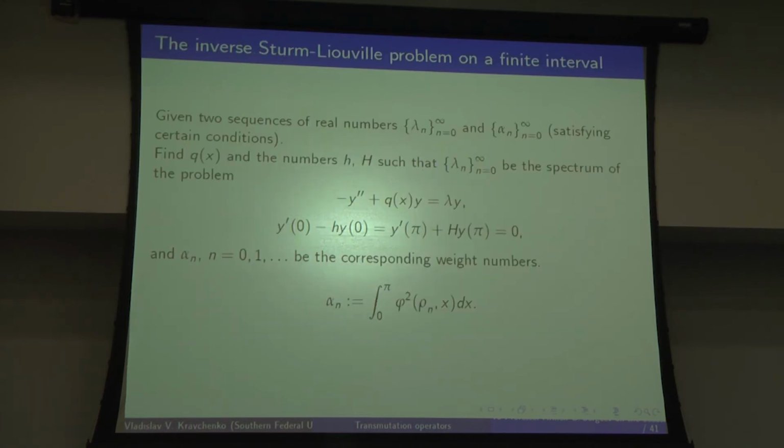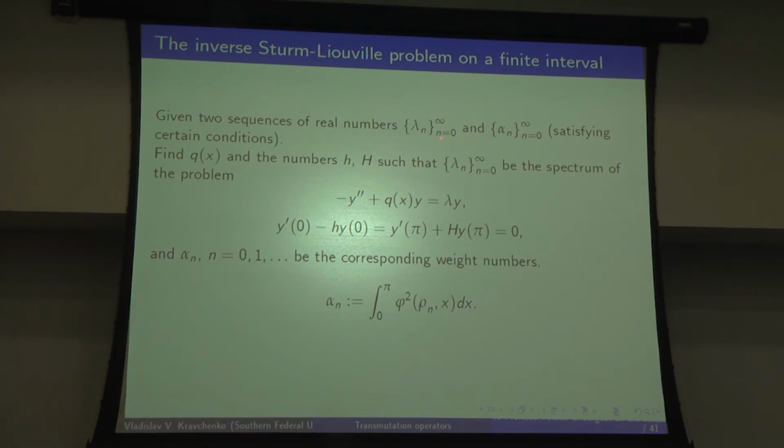So now, how can we use this representation for solving inverse problems? First, I'm considering the inverse problem on a finite interval. Without too many details, it consists of the following.